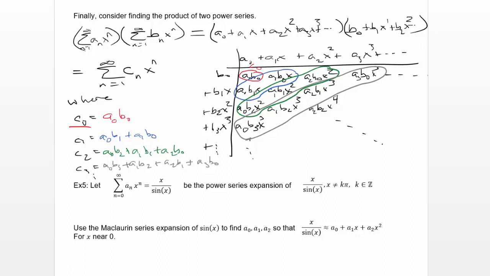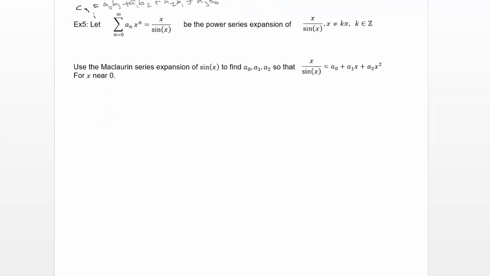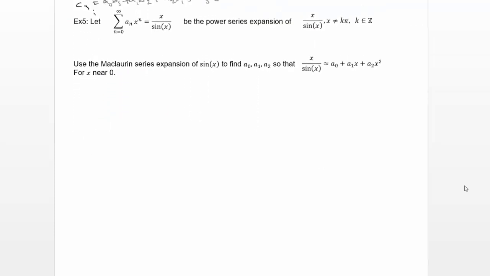Here's an example of a product of two power series coming in useful to solve a problem. So here's this expression: the sum from n equals 0 to infinity of this power series a_n x to the n.